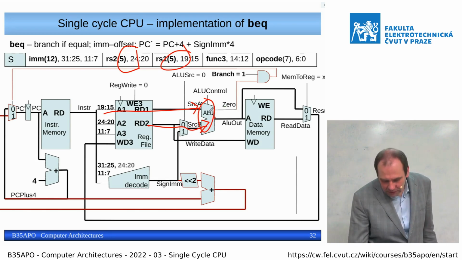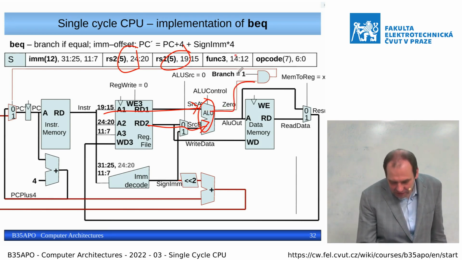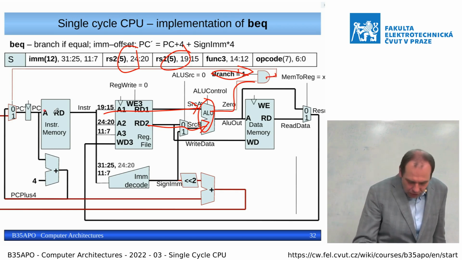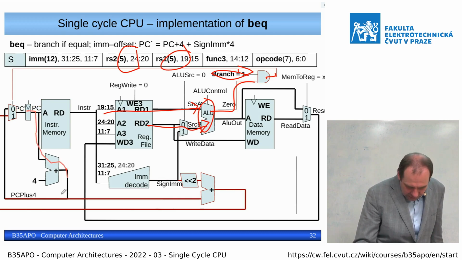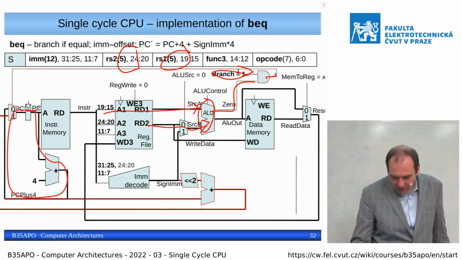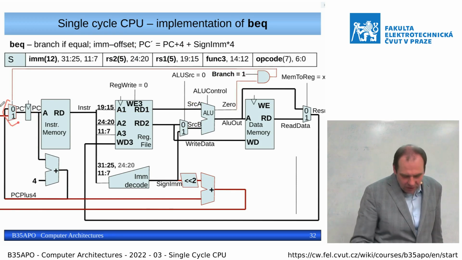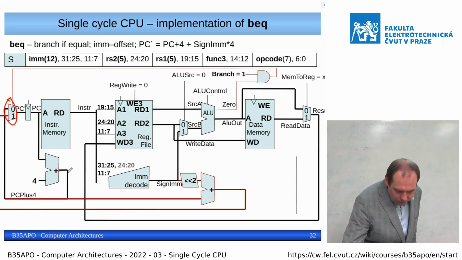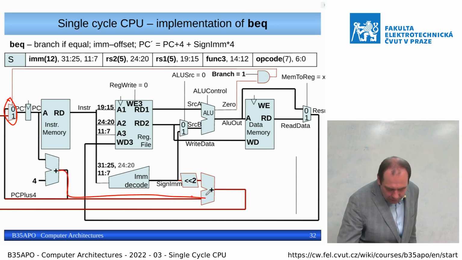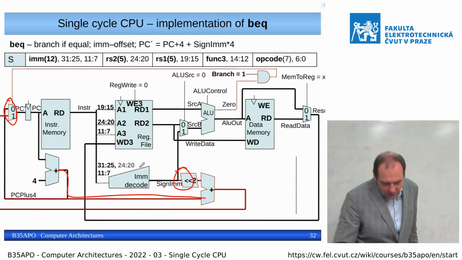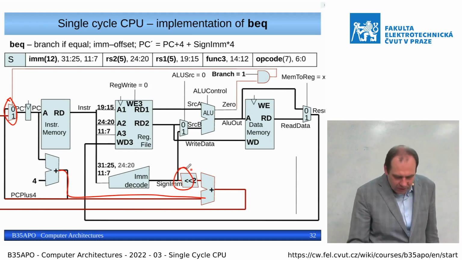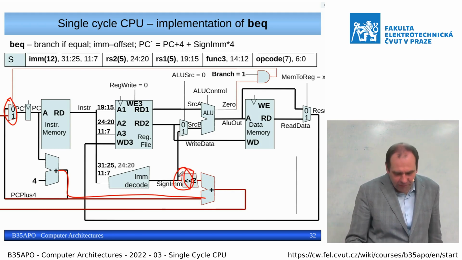If the result is 0, and it is a branch instruction, then in such case, we do not advance to PC plus 4, this way, but we change there a multiplexer, which selects that at this moment, we advance to the previous value of PC plus that immediate value, somehow decoded with this shift by 2 and so on.